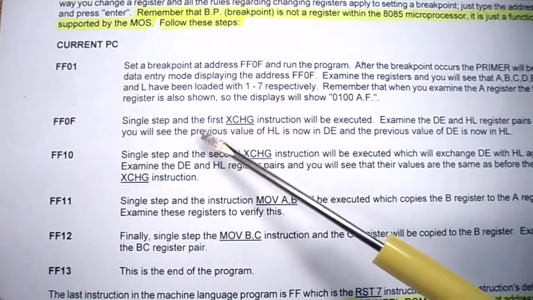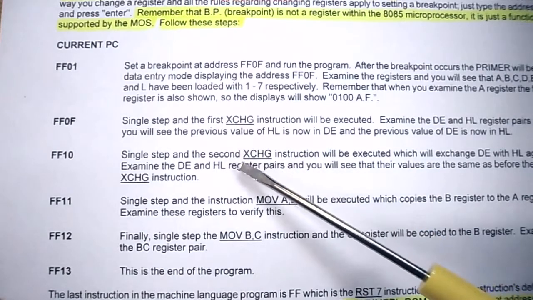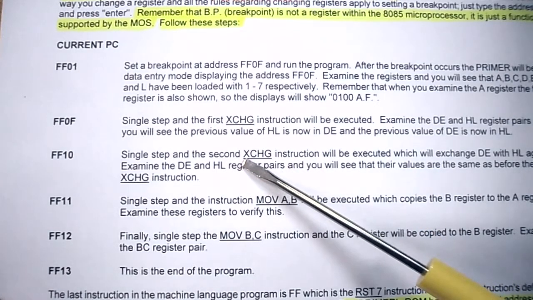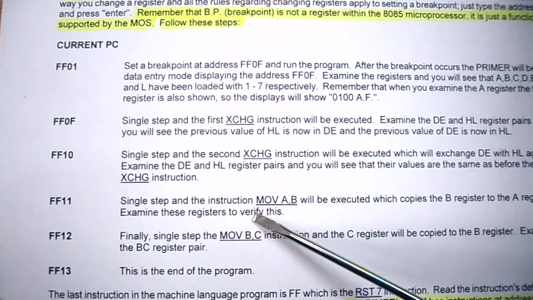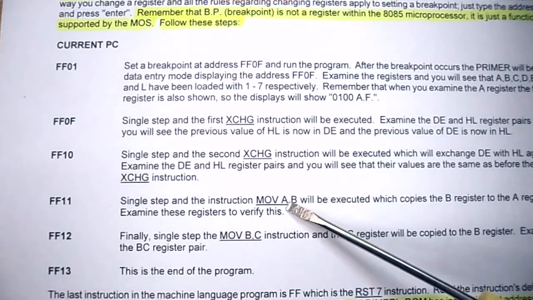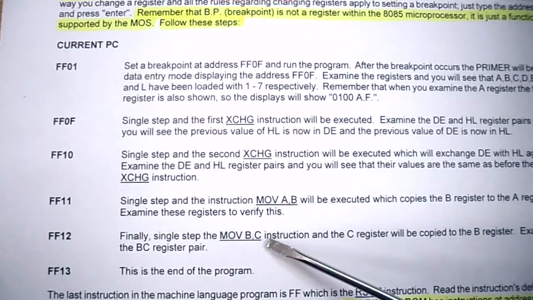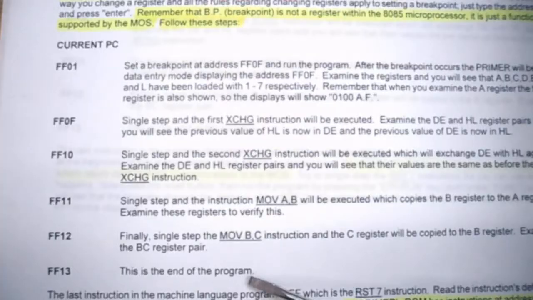Then we're going to single step for the first exchange, check the registers, single step for the second exchange, and check the registers. Then we're going to single step the move B into A, and then we're going to do a single step for C into B, and then we should end the program.